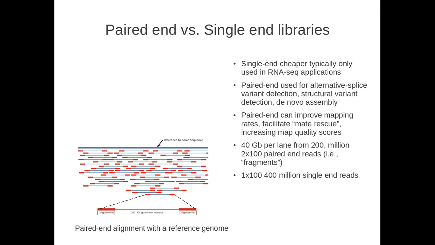Then these libraries are put on the flow cell after a number of biochemical steps. Whether we do paired end versus single end is essentially whether you have adapters on both ends or an adapter on only one end of the genomic fragment or RNA-seq fragment.